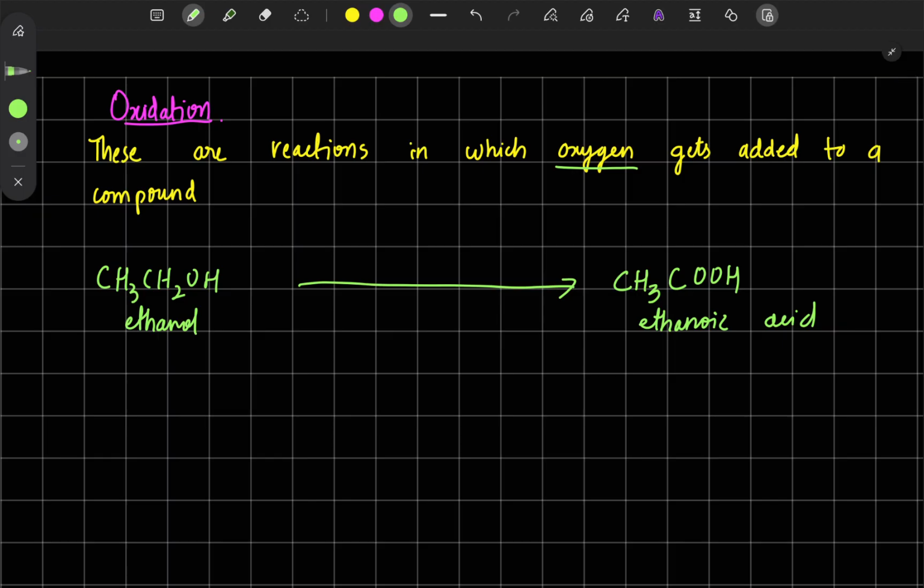So who will help to undergo this reaction? We have two things, so don't forget them.